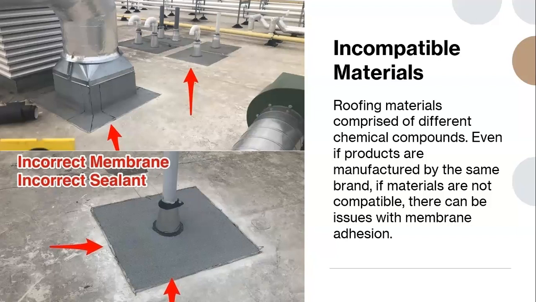In this particular case, even though the installation looks quite nice and clean, you have a TPO plastic roof with a modified bitumen asphalt-based membrane installed. It might not be immediate, but over time there will be issues with the adhesion of this membrane, which can eventually lead to leak issues.